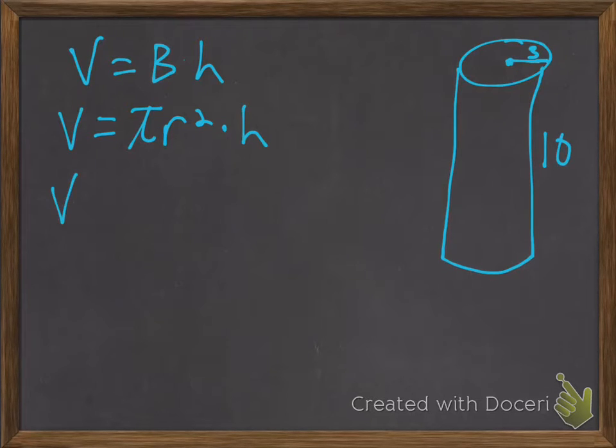So, pi is 3.14. What's the radius? 3. 3 squared. And then the height is 10. You get what? 282 point something. Just 6.